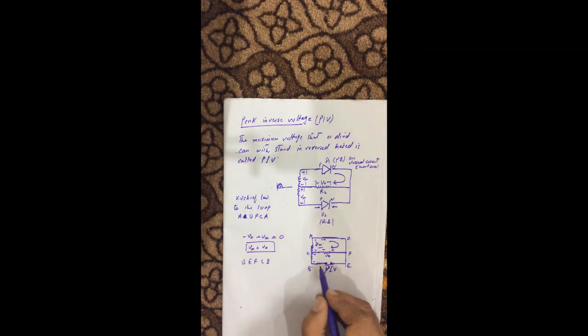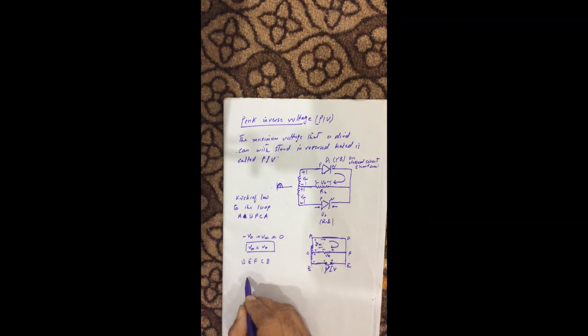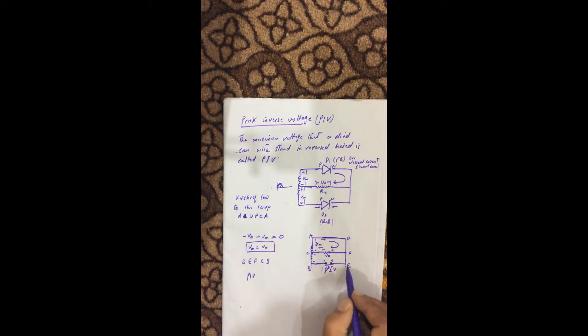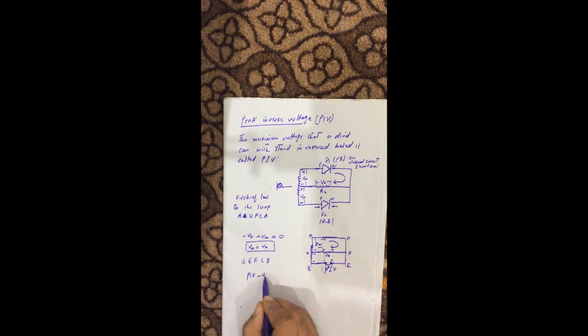Now this is negative, so this should be positive. I'm starting from here, going from negative to positive, and here we have PIV, which is positive. Then I move to E, there is no voltage drop, then F, and from F I am going towards C. Here I am going from positive to negative, so this V0 should be negative.